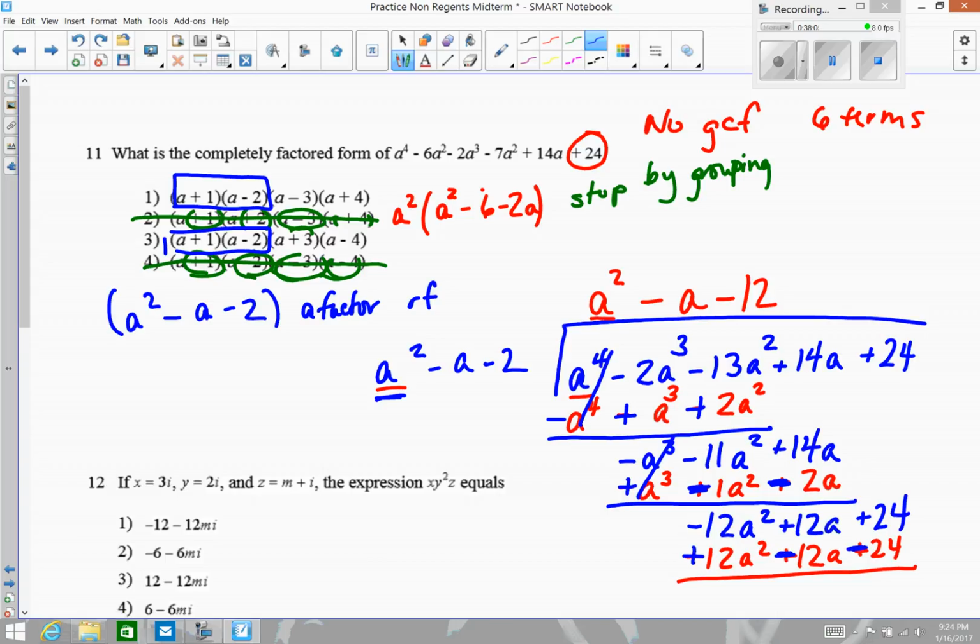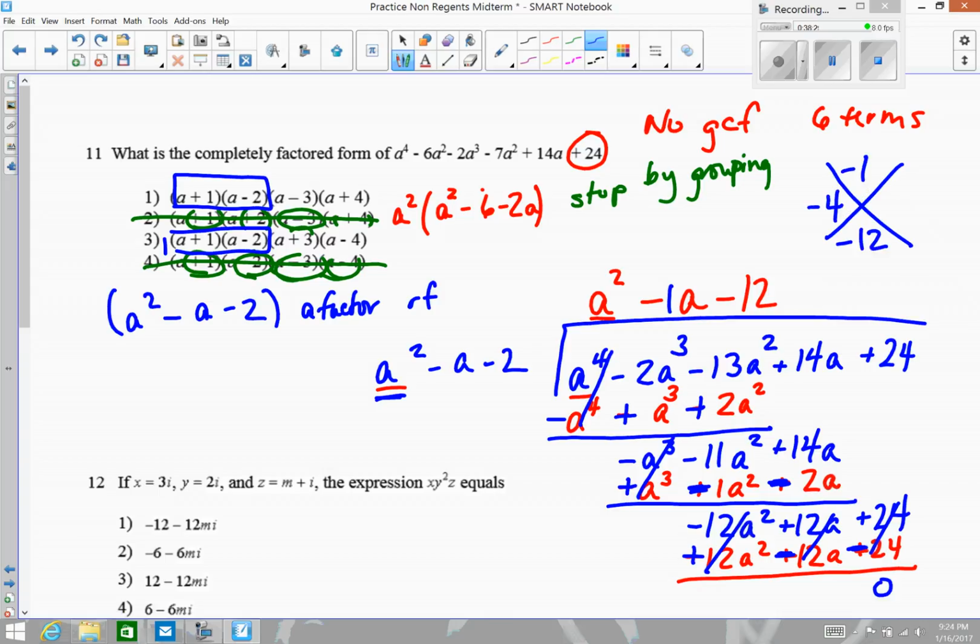Add vertically. Everything will cancel. So we have a squared minus a minus 12 as another factor, and we can factor this further. Three terms. We want them to add up to negative 1 and multiply to negative 12.